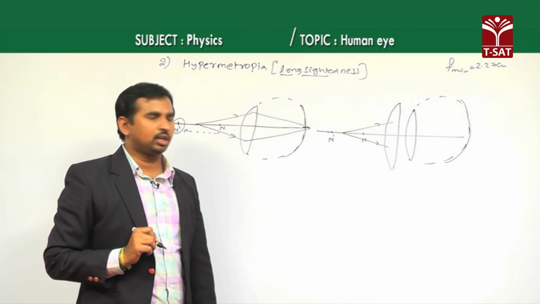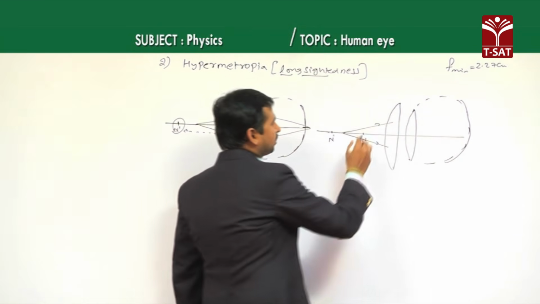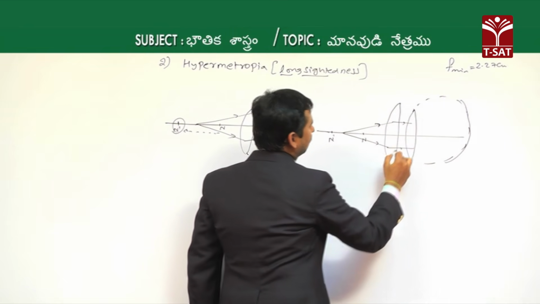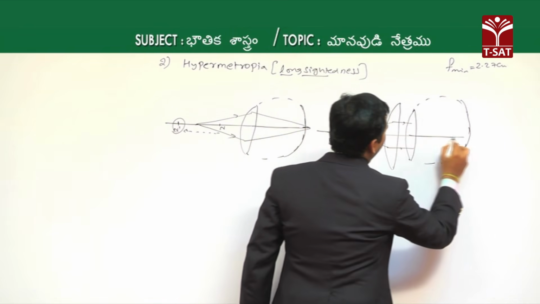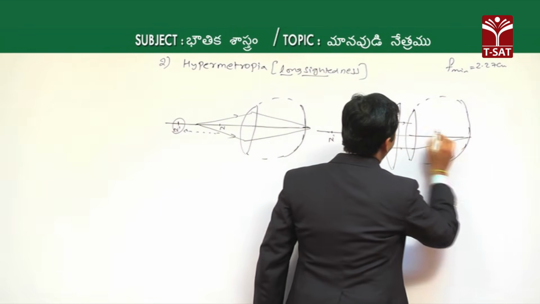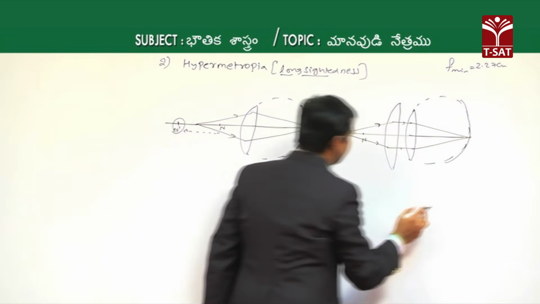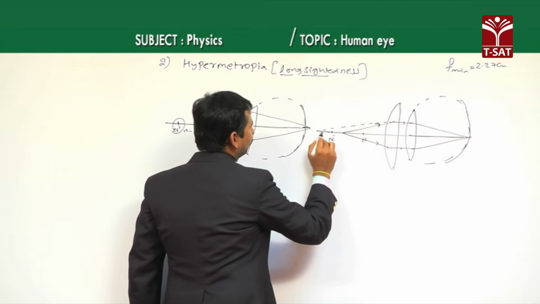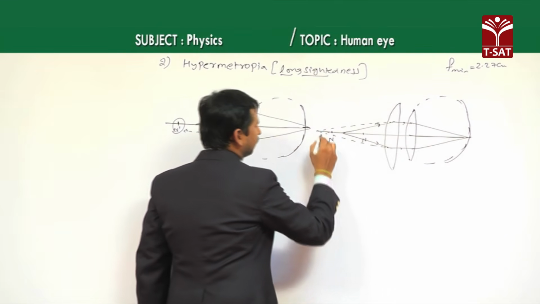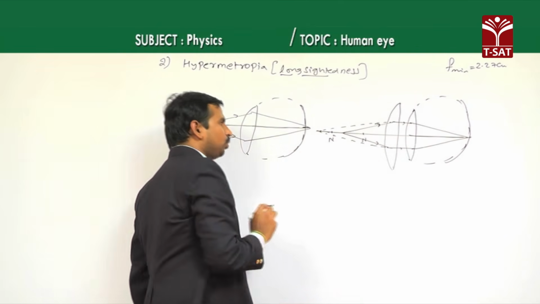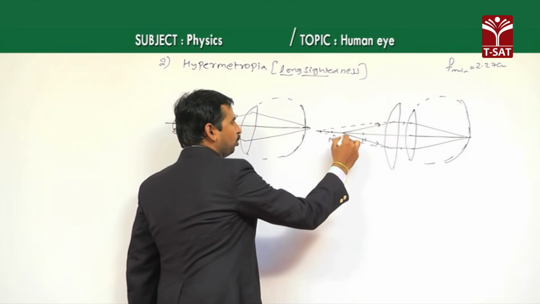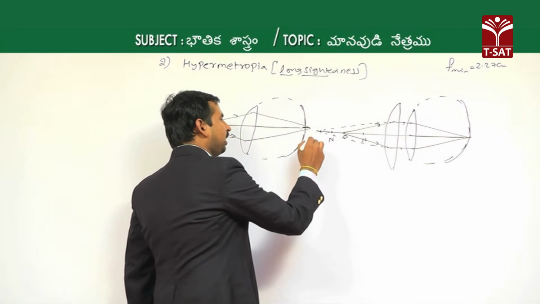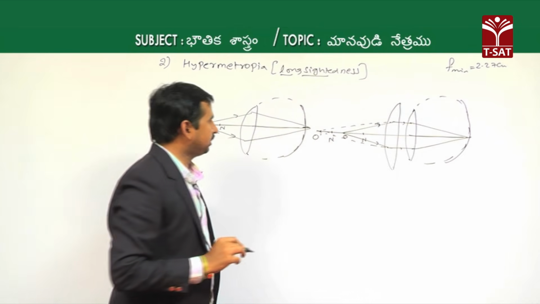So the light ray is converging 2 times here like this. Then finally, the image is formed exactly on the retina, which means these light rays appear to be coming from more distance. This is going to be the object position. The original position is here, but finally the object position appears to be at O dash.